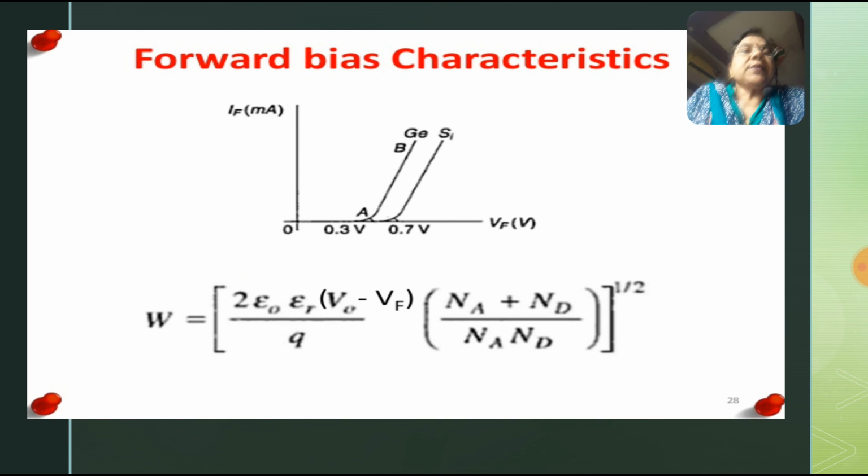Now in the forward bias characteristic, you see on the screen we have drawn this graph for germanium as well as silicon. Now the cutoff voltage of germanium is 0.3 volt and the cutoff of silicon is 0.7 volt. After that, the current changes.